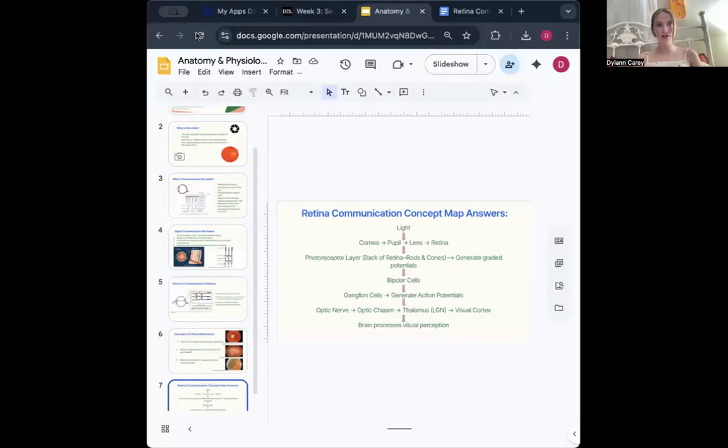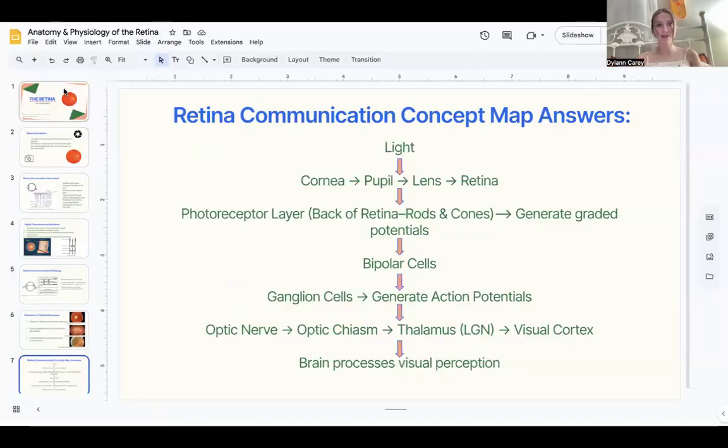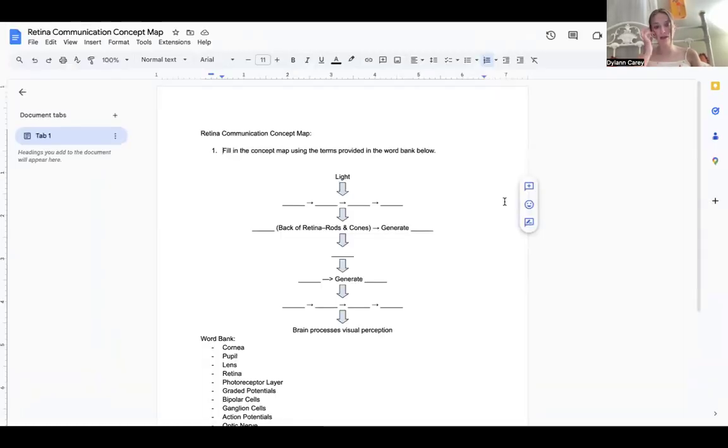And the first thing I am going to show is my concept map. Here it is. I just did my concept map as kind of a fill in the blank of retina communication, starting from light hitting your eyes and then how the brain starts to process that light into visual perception.